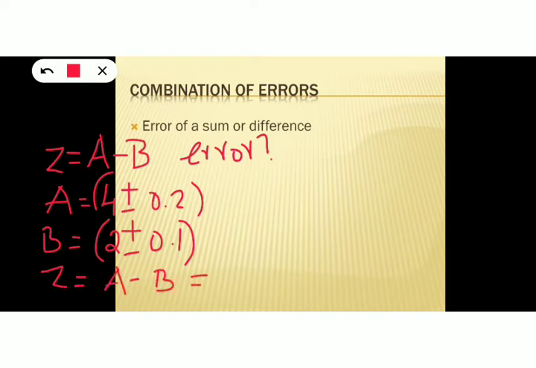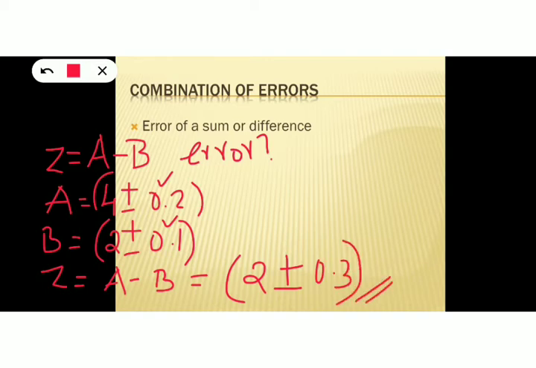When you subtract A minus B, what is the procedure? You must subtract the true value part first. What is the true value part? 4 and 2. 4 minus 2, 2, plus or minus. Then you would think you subtract the error part too, but it's not like that. Even if it is a subtraction process, you must add the error part. When you add the error part 0.2 and 0.1, you will get 0.3.